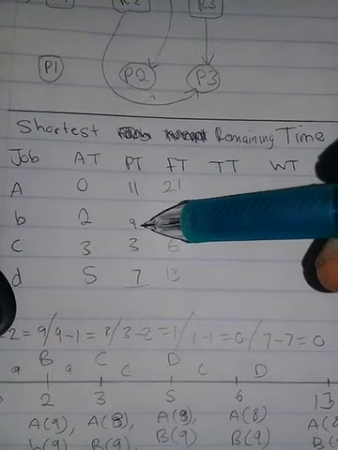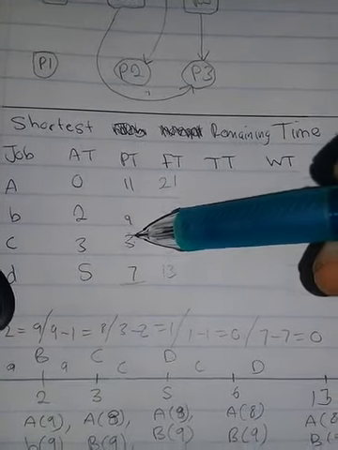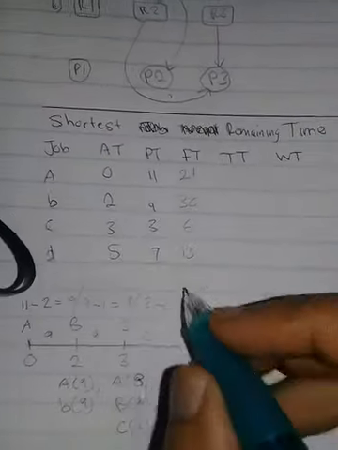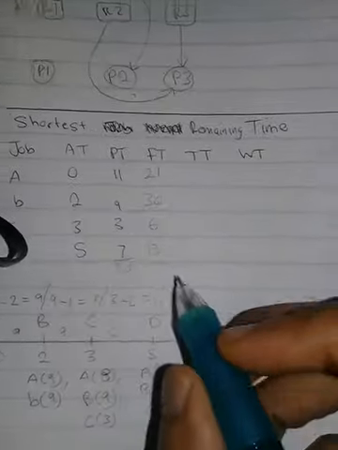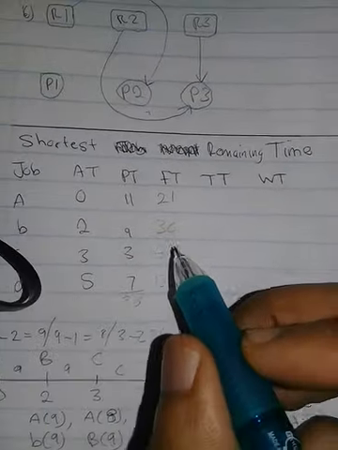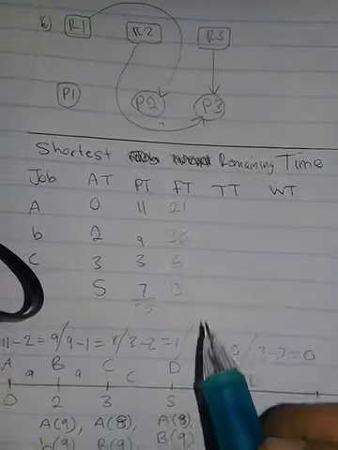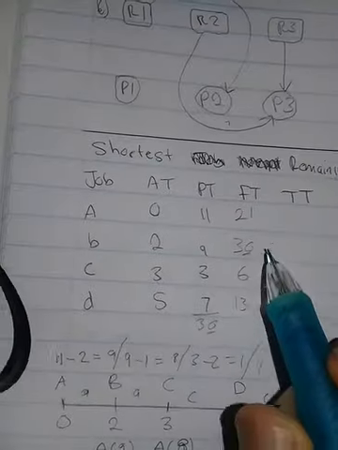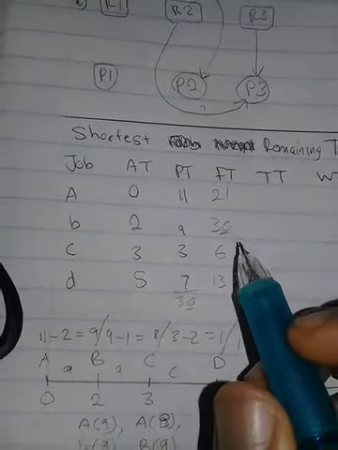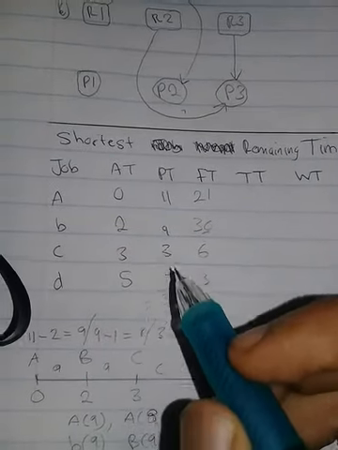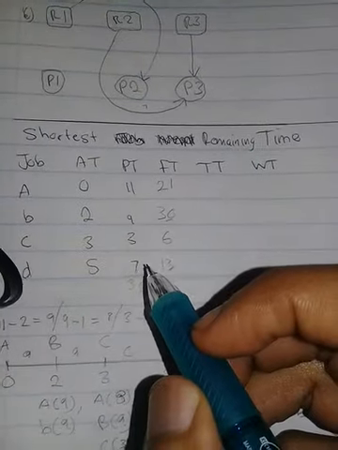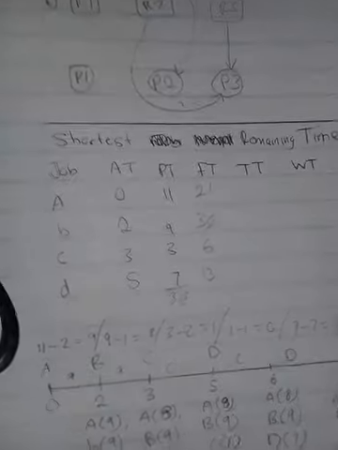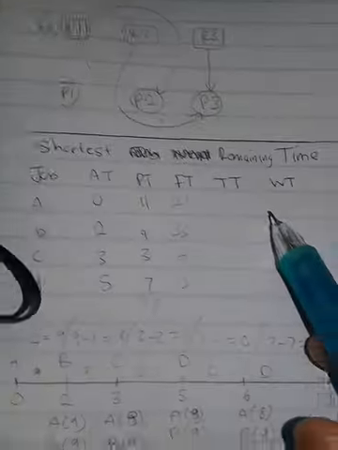So 11 plus 9 is 20. Plus 3, 23. Plus 7, 30. So 30 here. So if I have 30 here and I have 30 finishing time here, it means that my finishing time table is correct. There's only one way to validate if my calculation has been correct. So then you have to calculate your turnaround time.